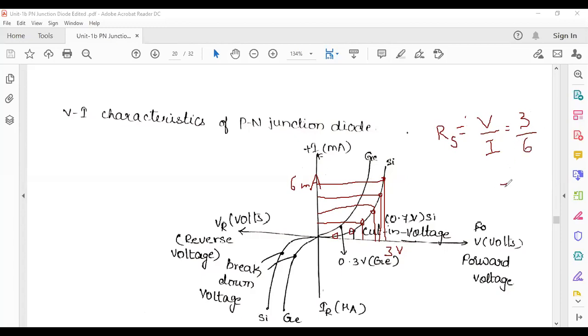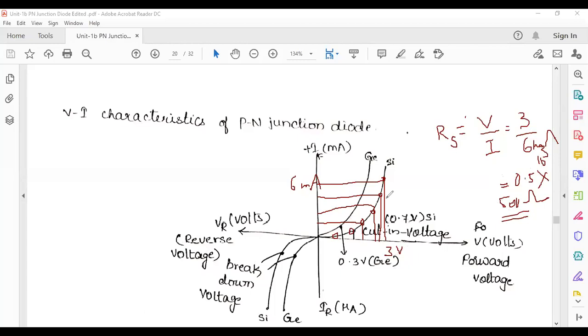Its value is approximately 0.5 kilo-ohm. Milli is 10 power minus 3 in the denominator, so moving it up it becomes 10 power 3, that is 1000, and it becomes 500 ohms. I can obtain static resistance as 500 ohms.